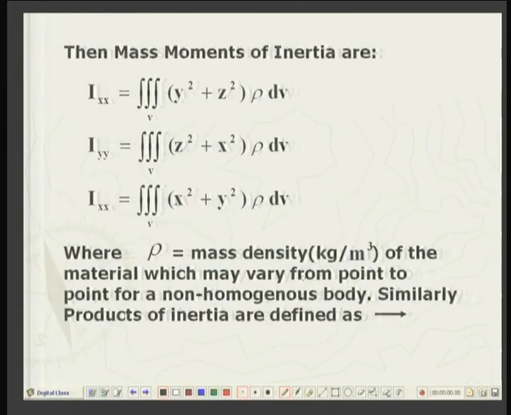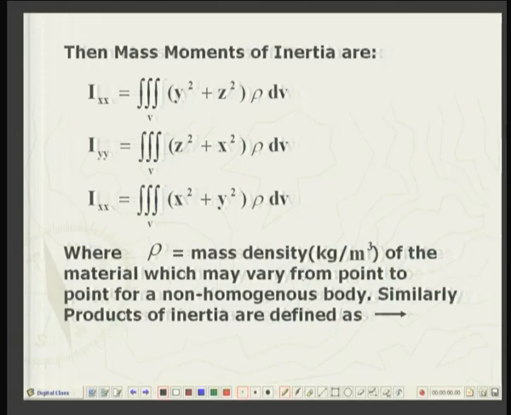Then by definition the mass moments of inertia are the volume integral of the quantity y square plus z square, the y coordinate square plus z coordinate square, times the mass density. Rho is the mass density of the material in kilograms per meter cubed. So, rho times dV is nothing but dm, the elementary mass, times y square plus z square.